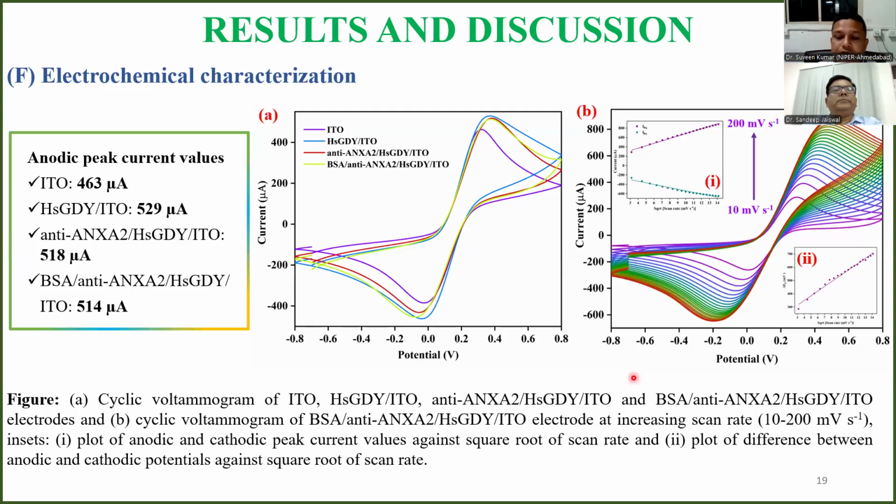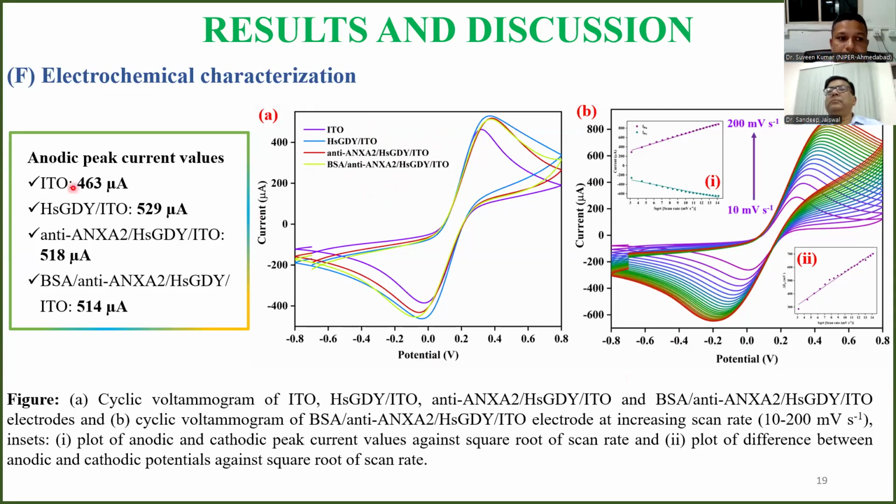Initially we did electrode characterization step by step. First is ITO, second is hydrogen substrate graphene, third is immobilization of the bioreceptor on this hydrogen substrate graphene ITO electrode, and last, to prevent non-specific binding sites, we use BSA molecules to prevent false current.